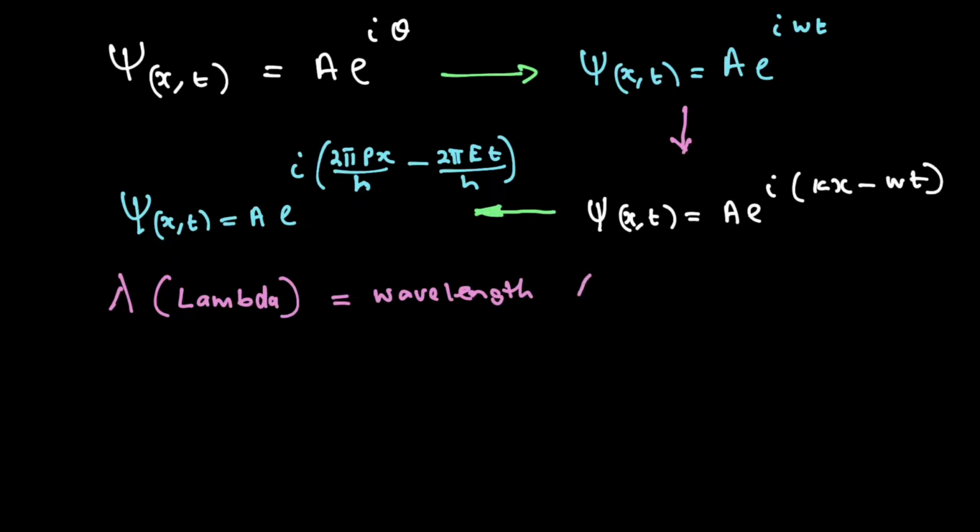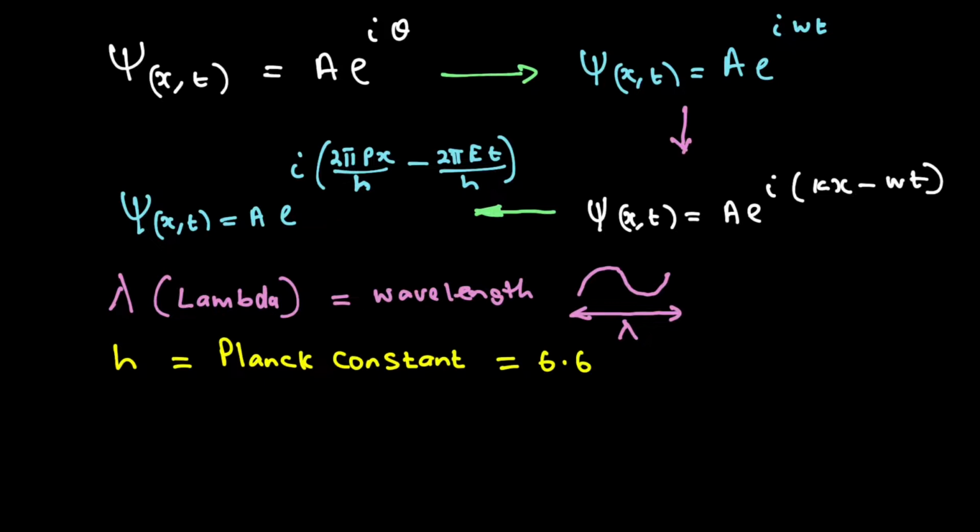So if you have a wave like that, and the length of a wave from the beginning to the point when it starts to repeat itself is lambda. And we've used h, which is what we called Planck constant, and that has a value 6.626 times 10 to the power minus 34 joules second.